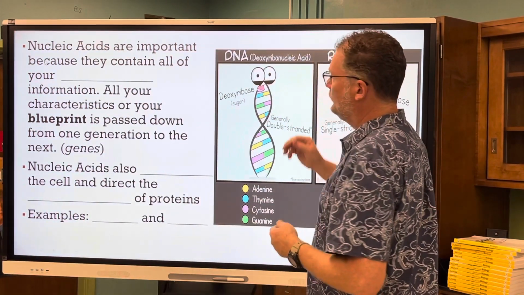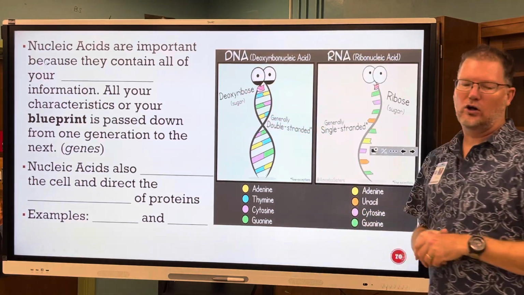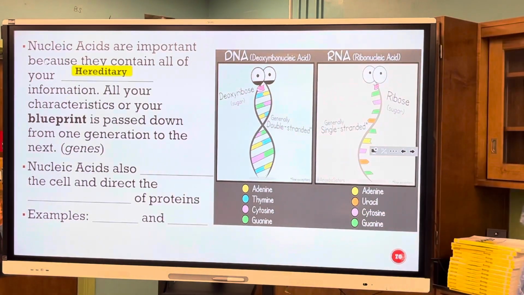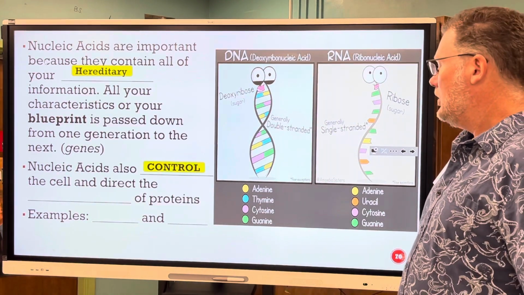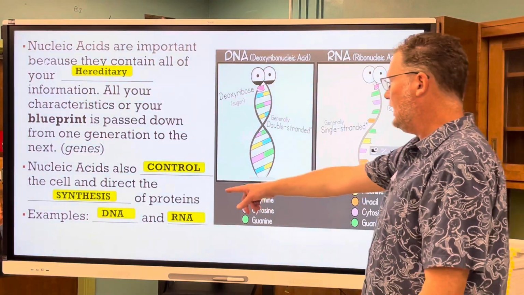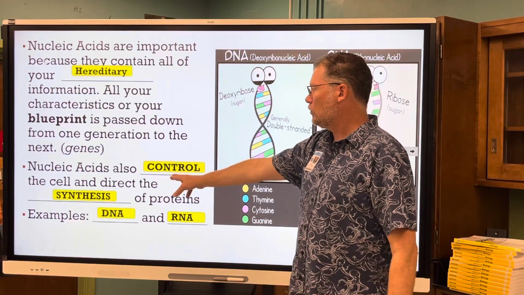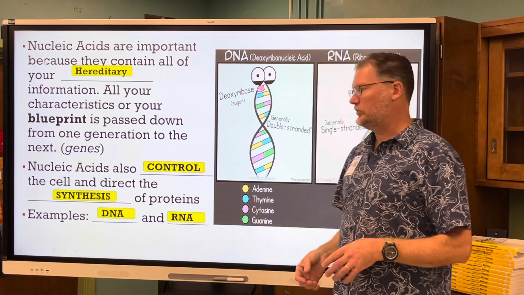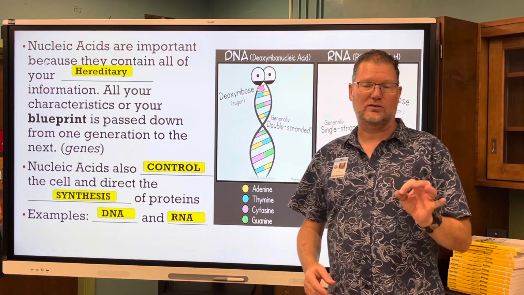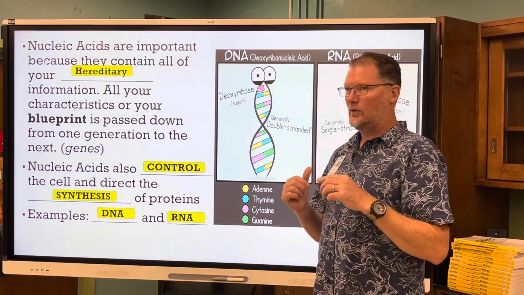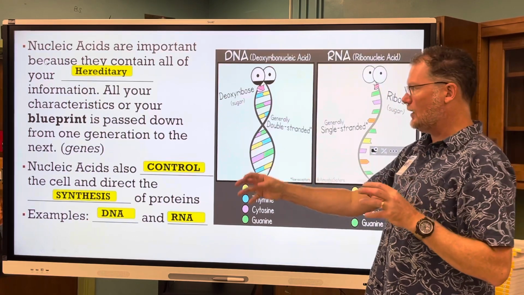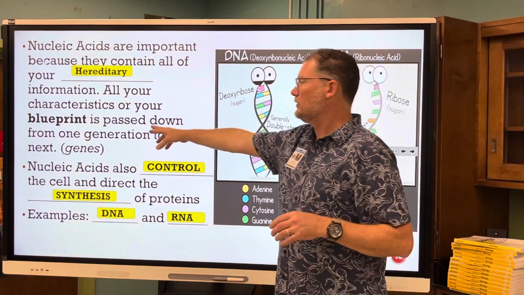So, nucleic acids are important because they contain all of your, like I said, hereditary information, your DNA, and DNA and RNA. So they control the cell, they tell the cell what to do, and they control the synthesis of proteins, which is what I said on the last part. They're the ones that are making those chains of amino acids. So this is your blueprint.